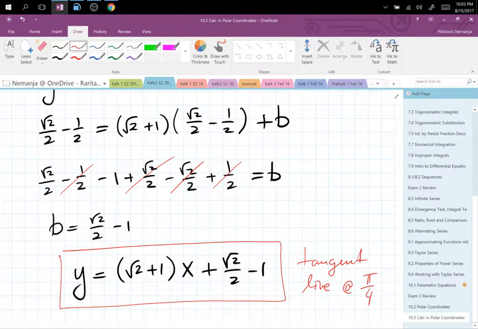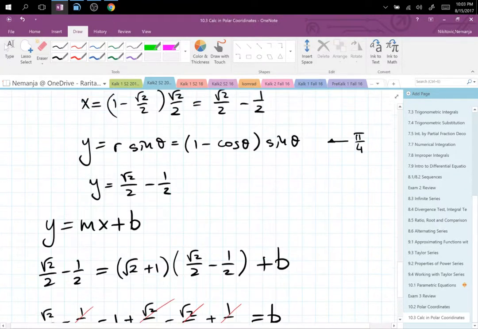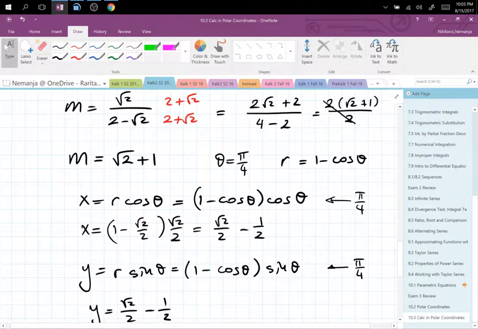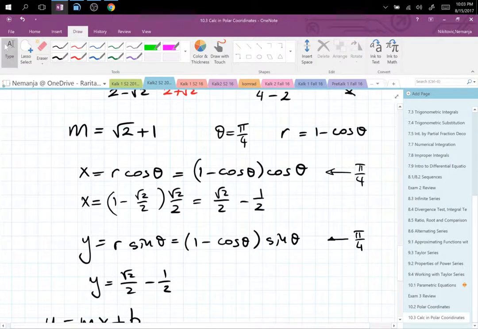So you have to be careful here that thetas are given to you and r's are given to you, but you need x's and y's. So usually where you students get stuck is this portion here. I have m. Where are my x and y? Because all I have is theta equals pi over 4. Well, you have conversions that link theta to x and y.